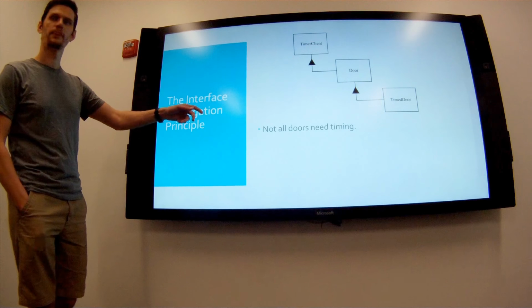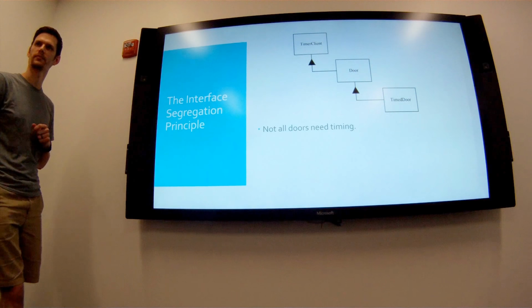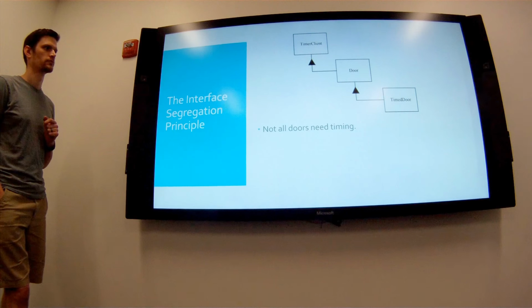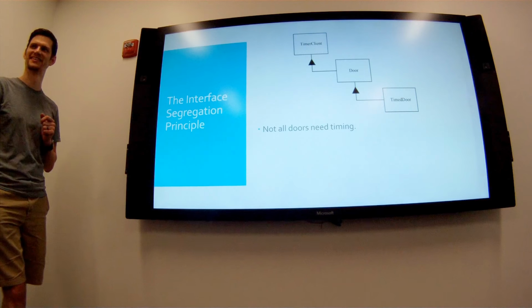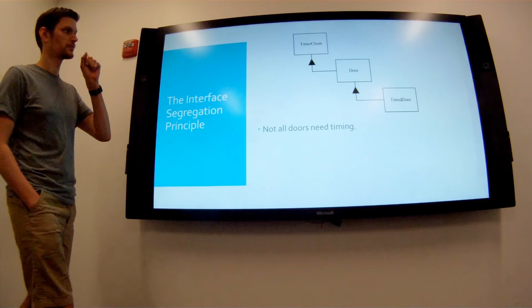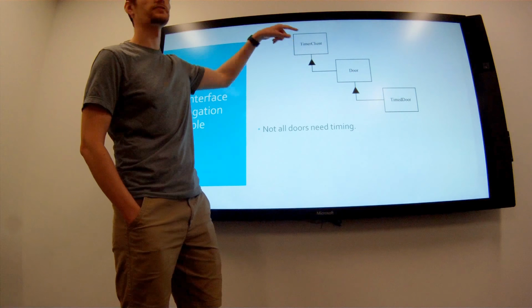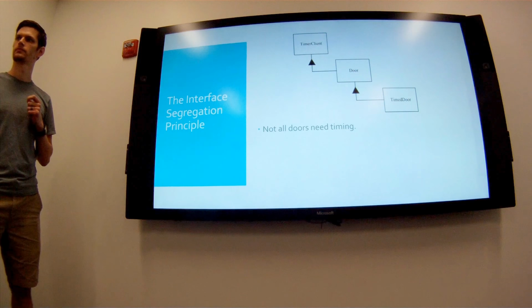Are you showing an inheritance relationship between timed door and door? Yes, this is a UML 1.0 diagram from 1996. But then, from the door to the timer client, is that an inheritance relationship? Yeah, so timed door inherits door and door inherits timer client. I mean, that's one way of doing it, so that's what you were representing there, right?